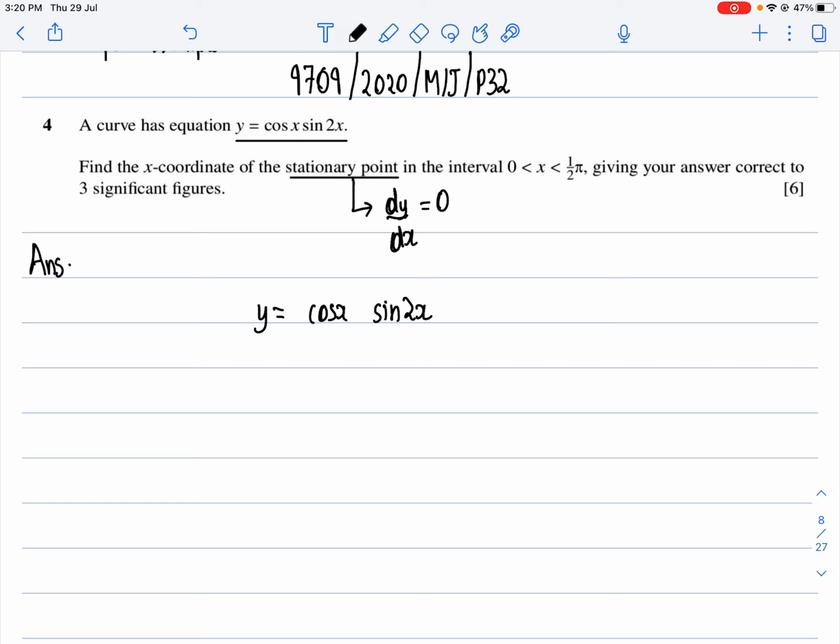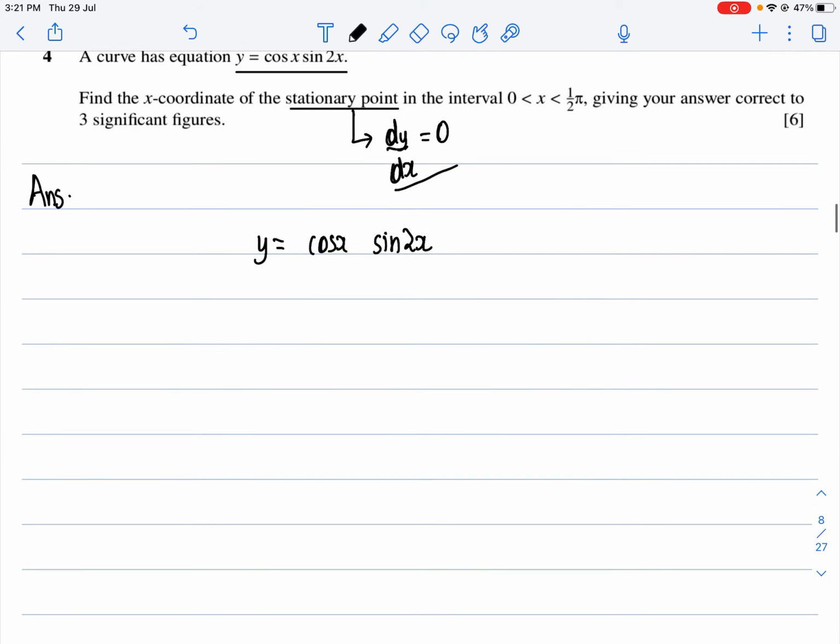So let's discuss the approach first. We can calculate the dy by dx first using the product rule. Then to calculate x, we can equate the dy by dx to 0 and obtain the value of x. Simple.